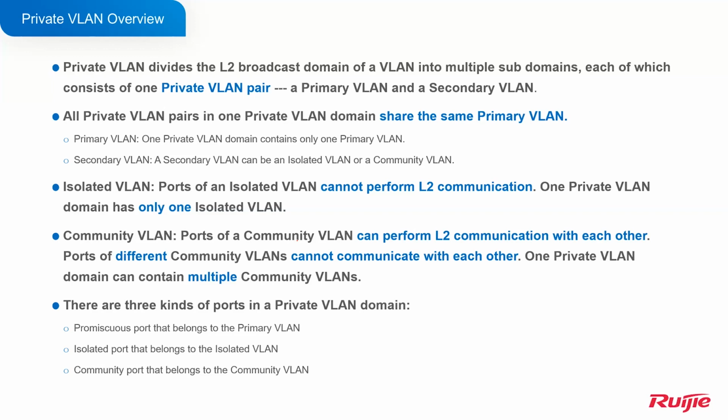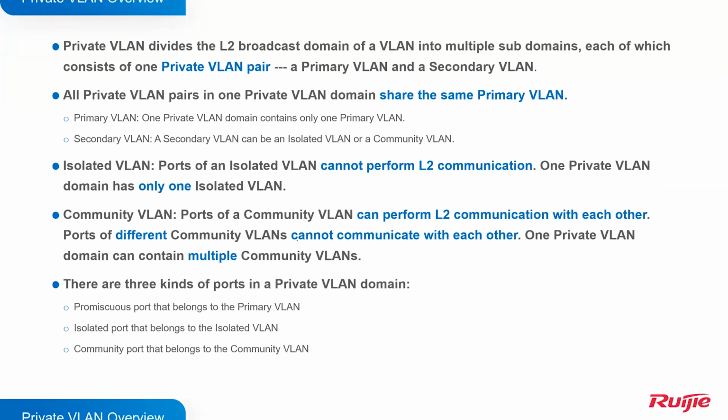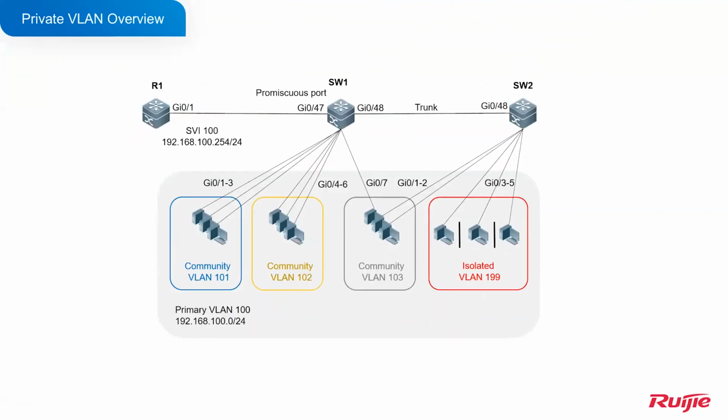To make it easier to understand, let's see an example here. From this figure, we can easily understand the difference between isolated VLAN and community VLAN, and the difference between different port types.